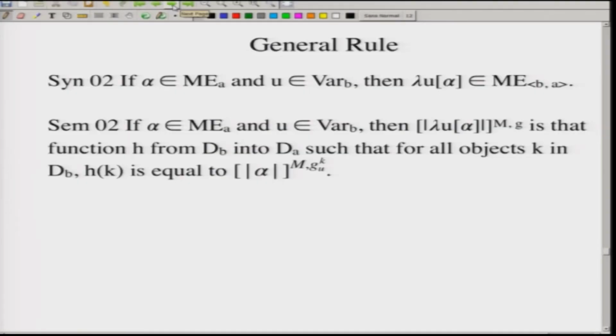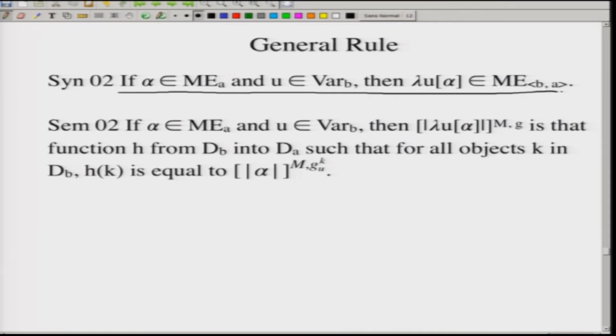So, we need to have some rule that will take care of all variables. That is why we are giving now this general rule, which says that if alpha belongs to M E A, A is any type, and u belongs to the variable b, then lambda u alpha will belong to the meaningful expression b a.